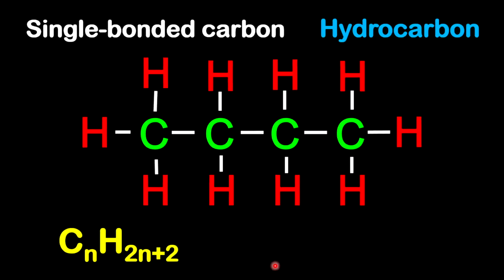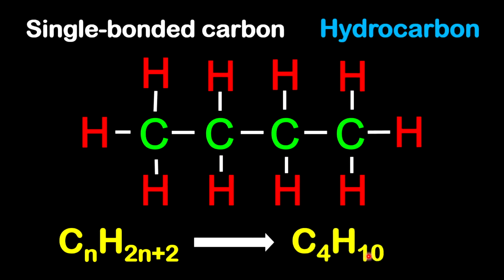Based on the general formula, CnH2n+2, taking for example, we're seeing 4 carbons here. Therefore, what we get as a molecule is 4 carbons along with 10 hydrogens. So the 4 multiplied by 2 gives you 8, plus 2 gives 10.